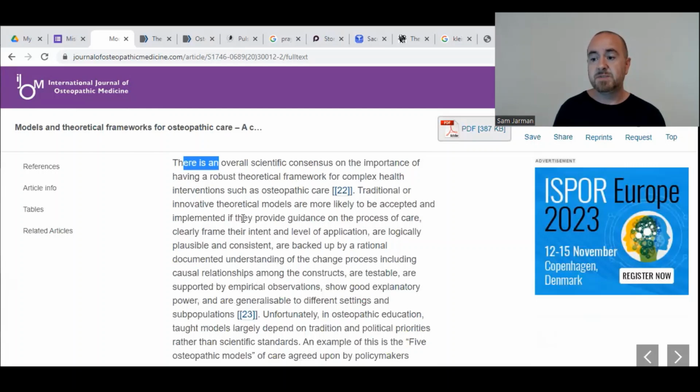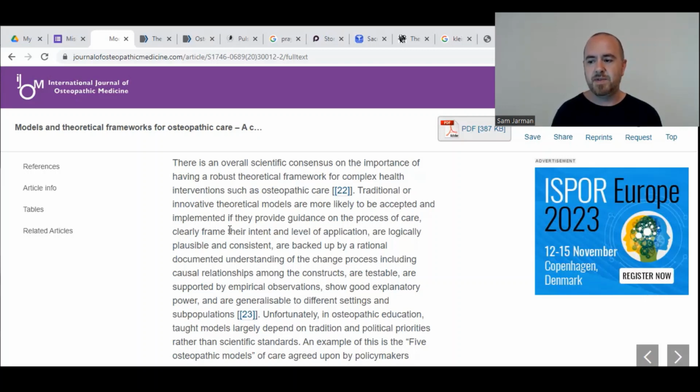This paragraph is quite important because often it can seem as though I'm just providing my own viewpoint, and that it's all me. Others, at least to some degree, share this viewpoint. So I'll read from the paper. There's an overall scientific consensus on the importance of having a robust theoretical framework for complex health interventions such as osteopathic care.